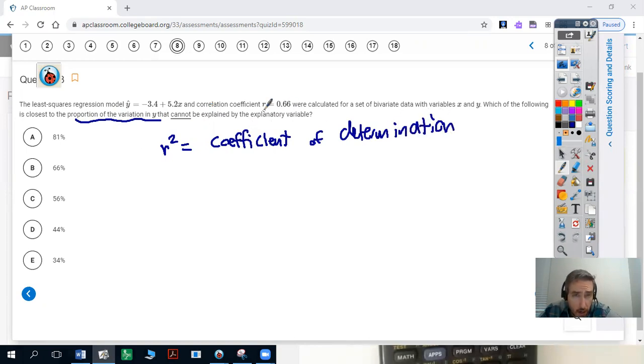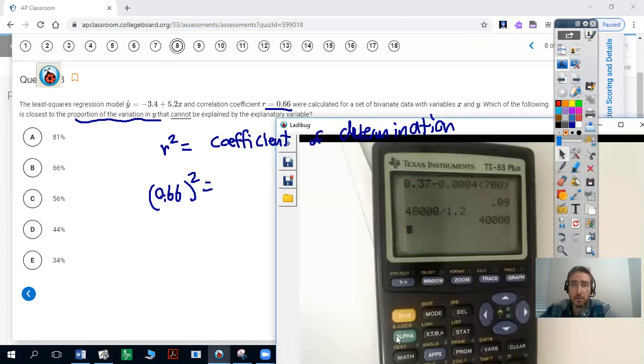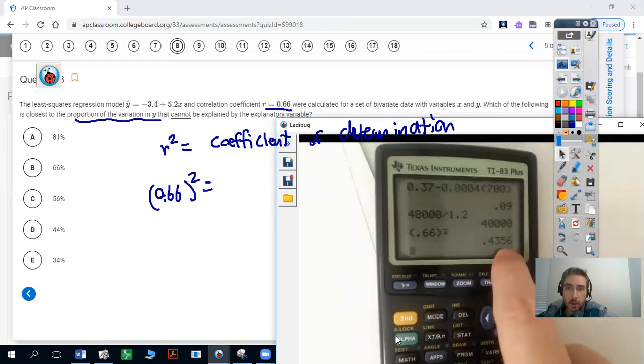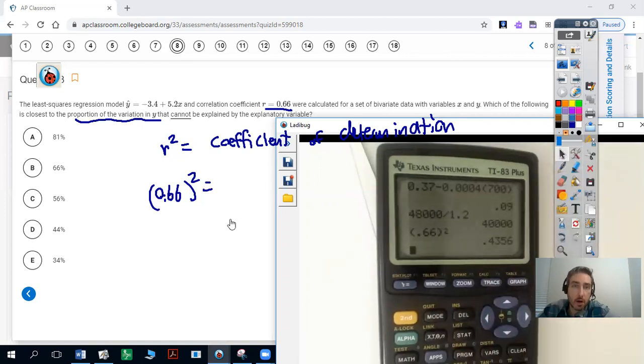Well, if I have r as 0.66, I can certainly just square that and see what that is. So let's put that in the calculator. 0.4356 is your r squared.